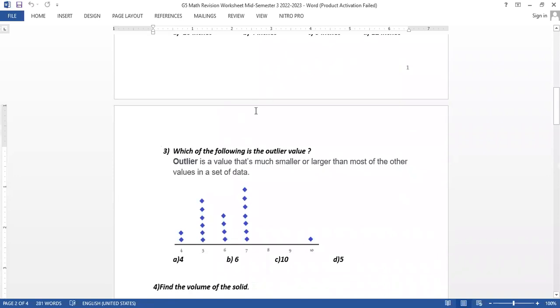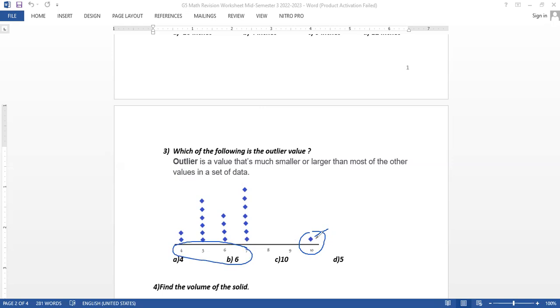Next question. Which of the following is the outlier value? An outlier is a value that is much smaller or larger than most of the other values in the set of data. As you know, the outlier value is the value which is far away from the other values. Here, the value 10 has 1 dot, so it's far away from the other values. Here, all the values are close to each other.